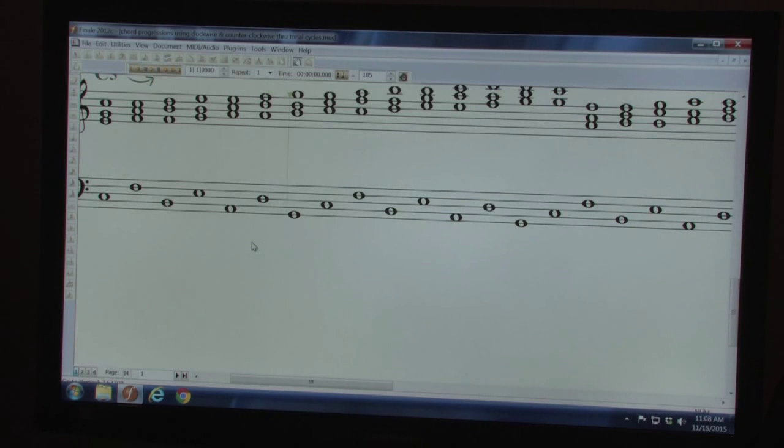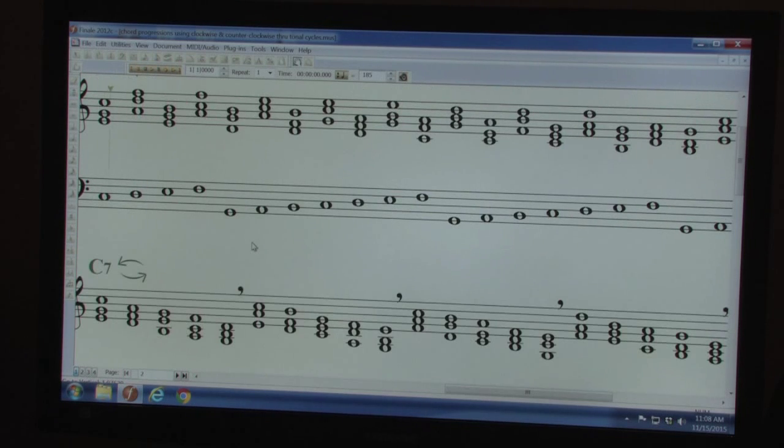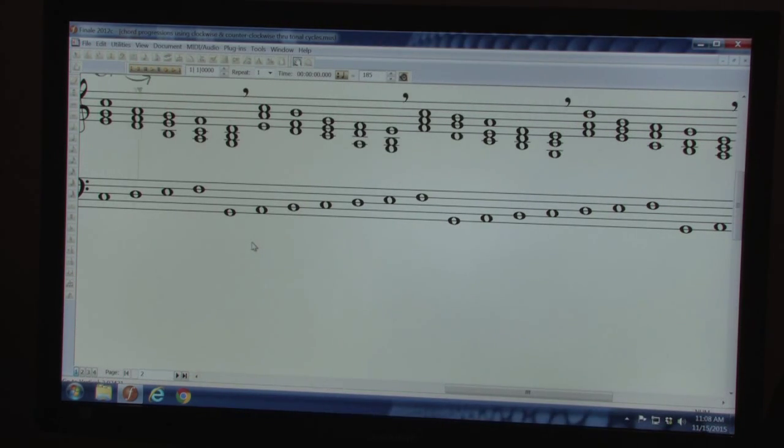Counterclockwise, cycle of the fifth. Cycle of the seven. Clockwise. And counterclockwise.